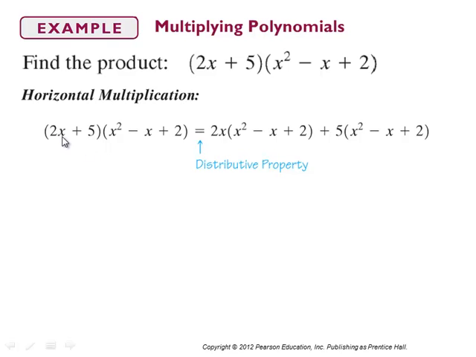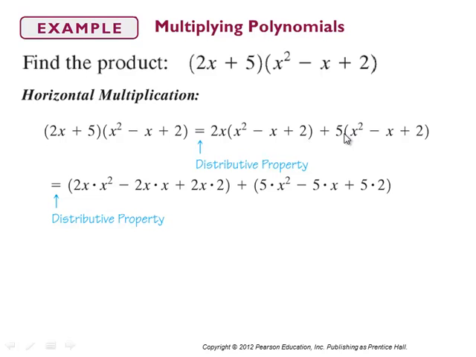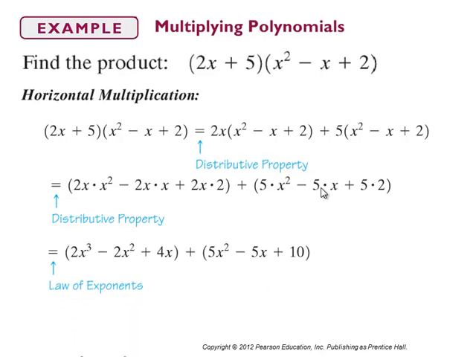You could take the x squared minus x plus 2 and distribute that across the 2x plus 5, like we see here, and then distribute the 2x across the x squared minus x plus 2, and also distribute the 5 across the x squared minus x plus 2, and then add like terms and simplify.